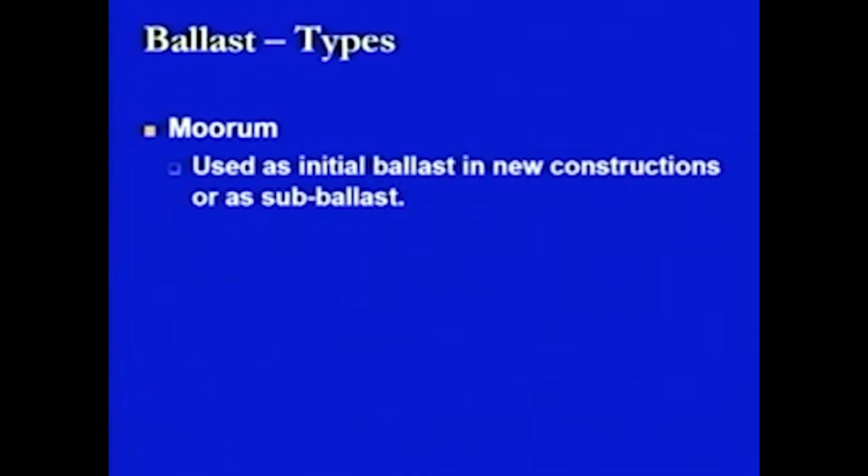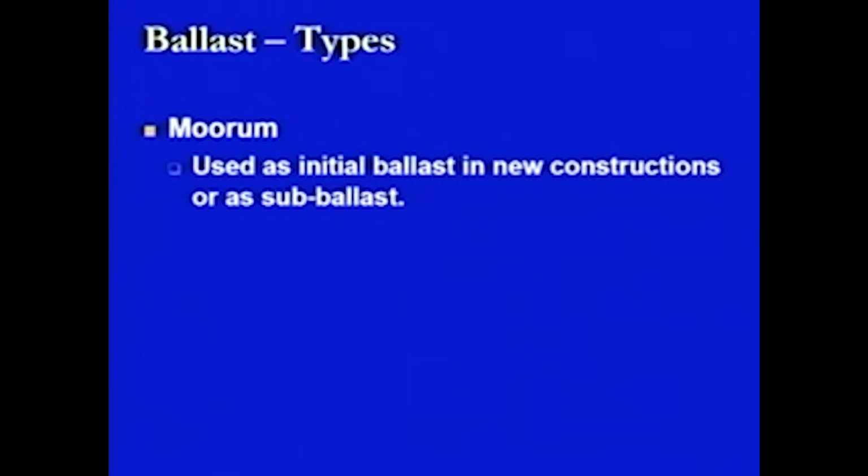Then another type of material which is used as ballast cushion is muram. Muram is used again as the initial ballast in new constructions, or in some locations as a sub ballast cushion.